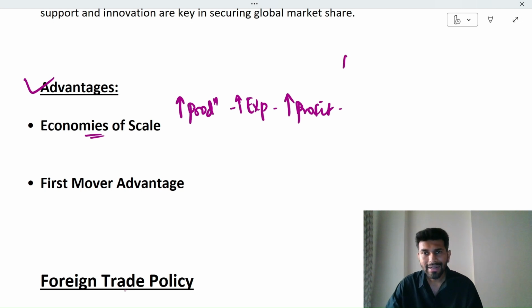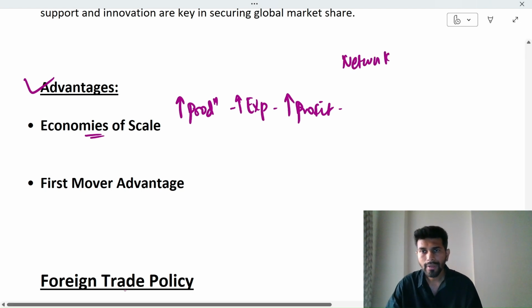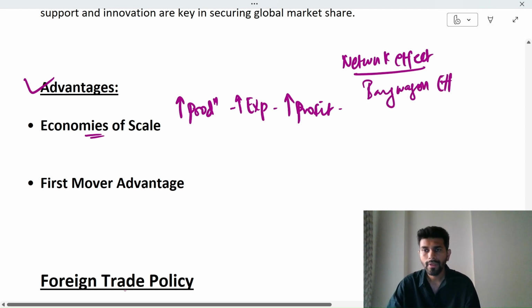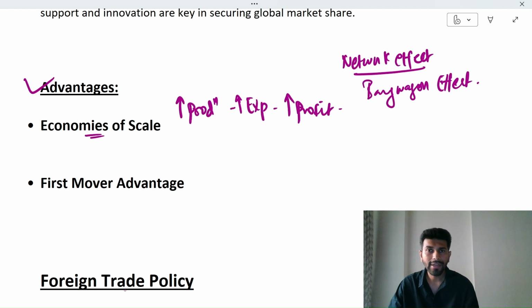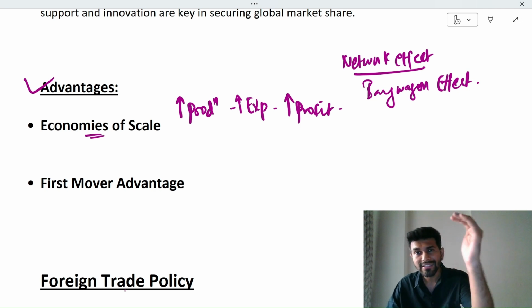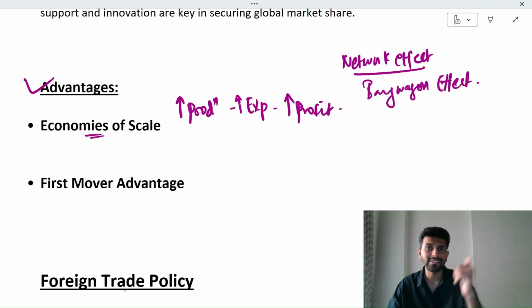It is called the network effect. Remember, very important from the exam point of view, network effect or bandwagon effect. It means the value of goods increases when users increase. For example, WhatsApp.